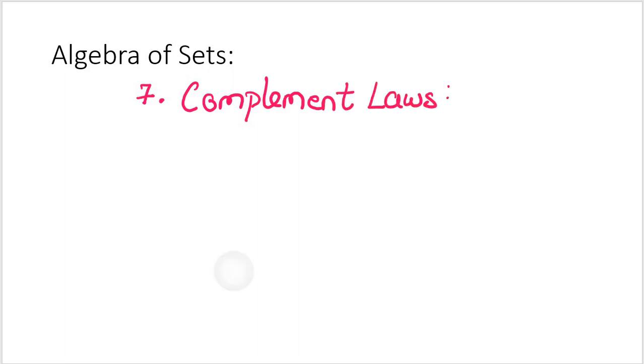Now the next one is your complement laws. So obviously I will be dealing with complement. So what all options I have? One is that if I'm going for A union A complement, I'm getting a universal set.